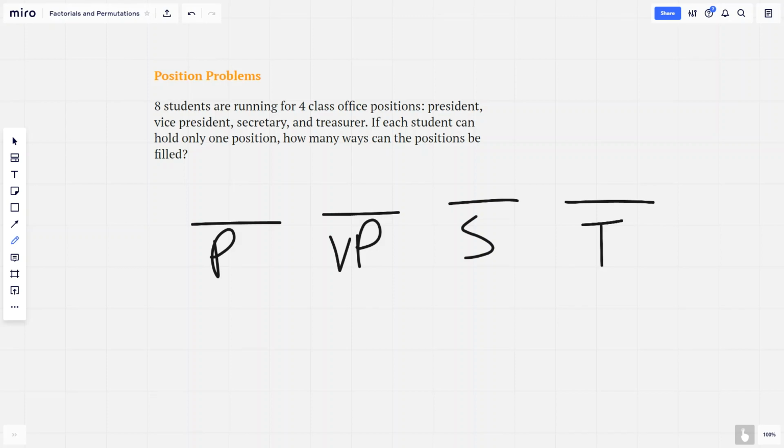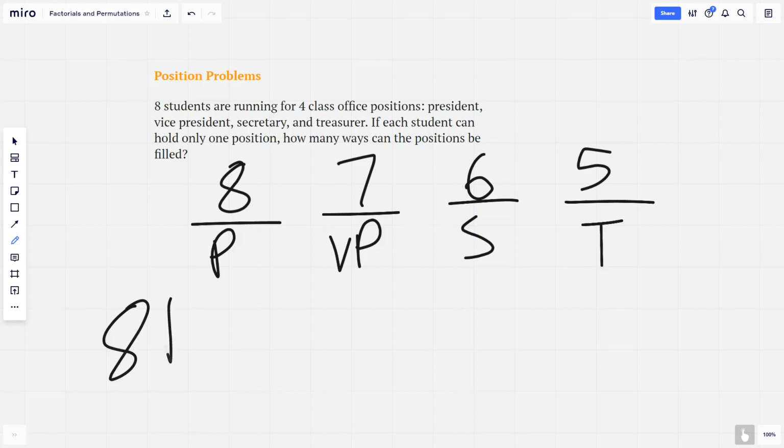Similarly to the problem we just did, we can say that there's 8 options for the first one, for the president, but once we pick a president, there's only 7 people left who can take office. So there's 7, then 6, then 5. And again, we apply the formula, so we had 8 items, or people in this case, and we're permuting them across 4 spots or positions here.